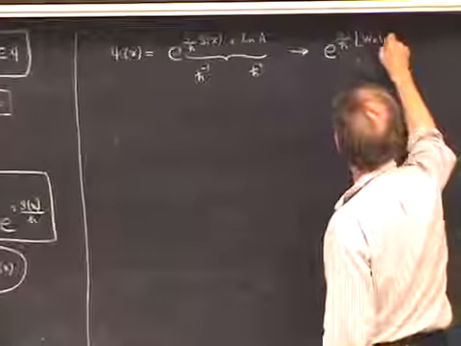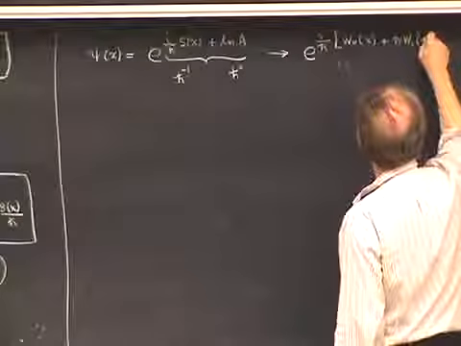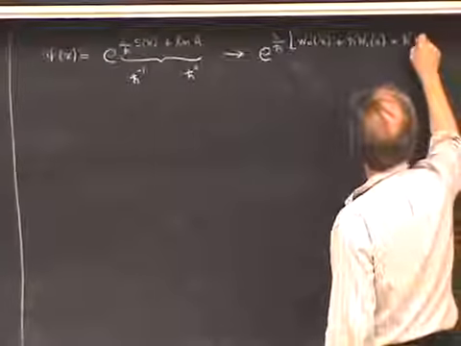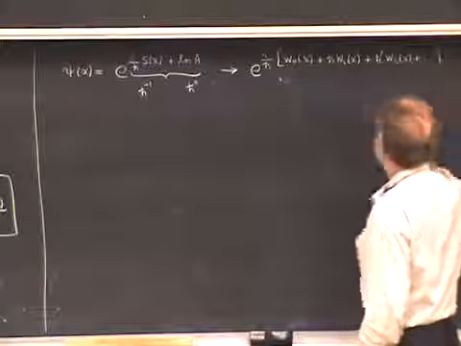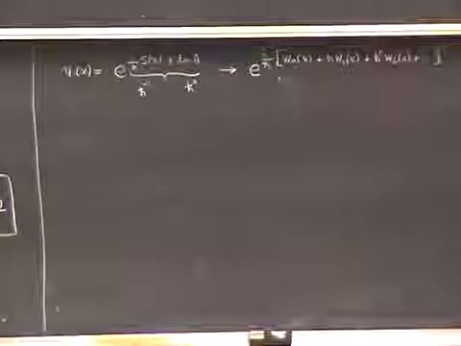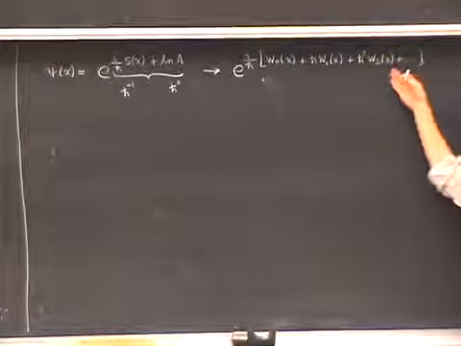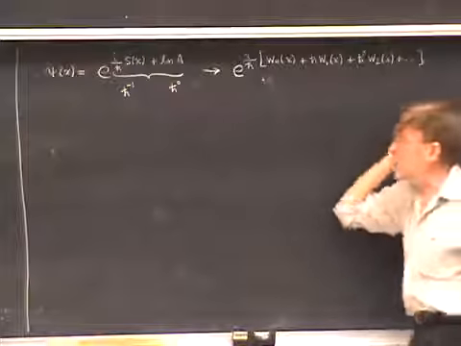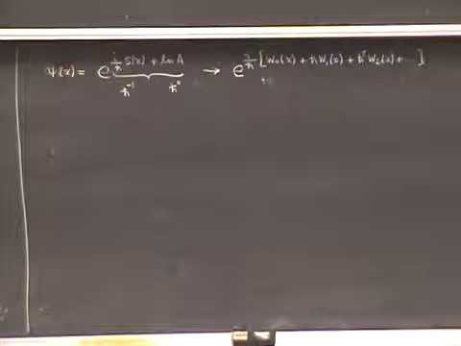Let's say W0 at lowest order plus h bar times W1 of x plus h bar squared times W2 of x plus and so on. If we replace the wave function psi by this expansion in the exponent, you can see the idea is that we're making a power series expansion of the logarithm of the wave function.